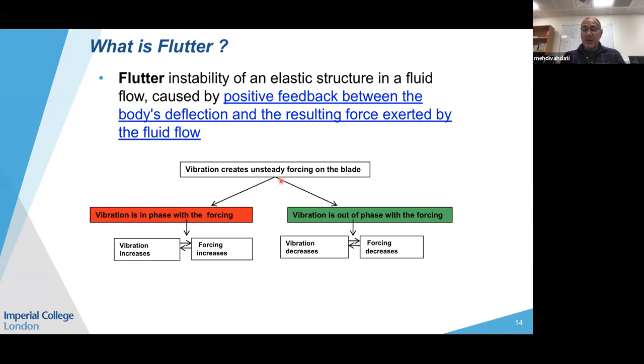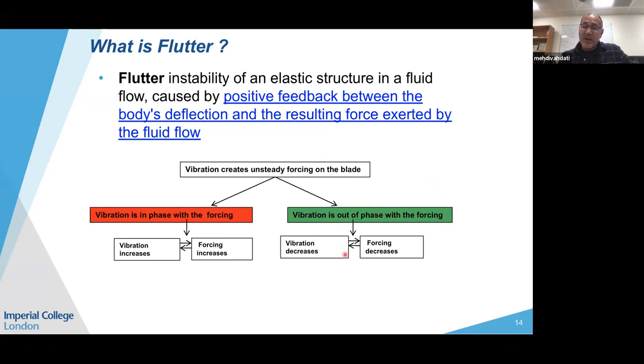In the first scenario, the vibration is out of phase with the forcing. As the vibration wants to increase, the forces on the blade increase, and consequently reduce the displacement. This works like a damping. This is a stable case and works as a damping. This is known as aerodynamic damping.